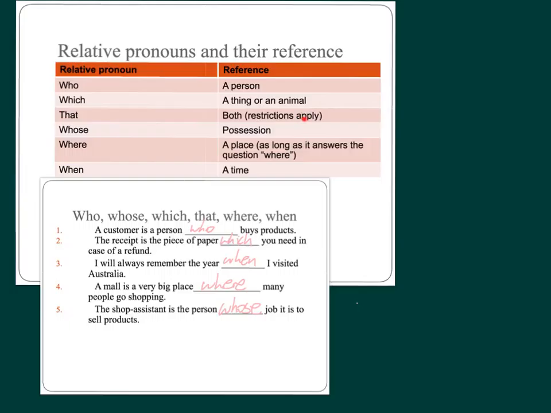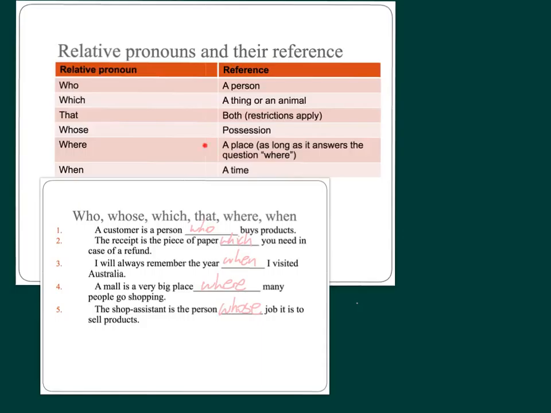Although, as we will see later, there are some restrictions, okay? If we are talking about possession, then we would use whose, like in number 5, okay? The shop assistant is the person whose job it is to sell products. Now, notice that whose in Spanish would be like cuyo or cuya, which we don't use very much in our current Spanish, okay?